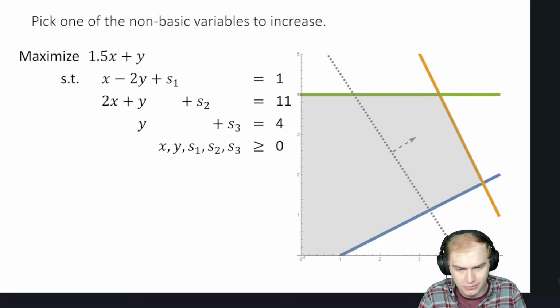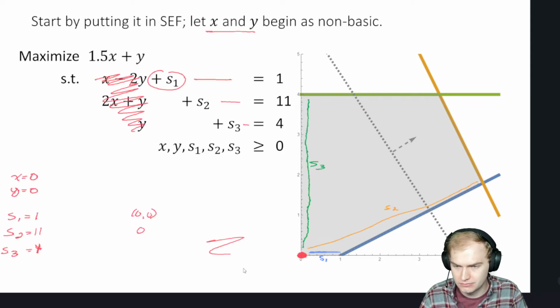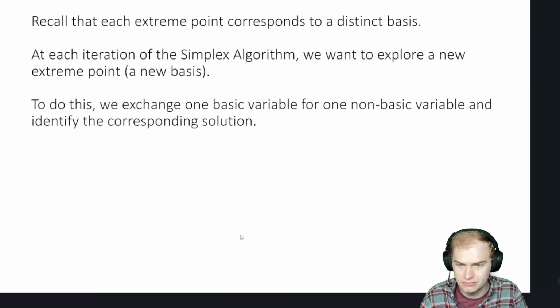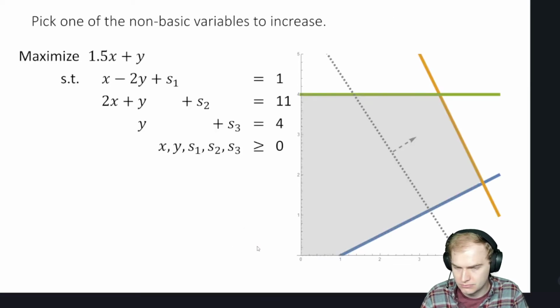And notice that the origin, why is it disappearing on this page? This page is cursed.